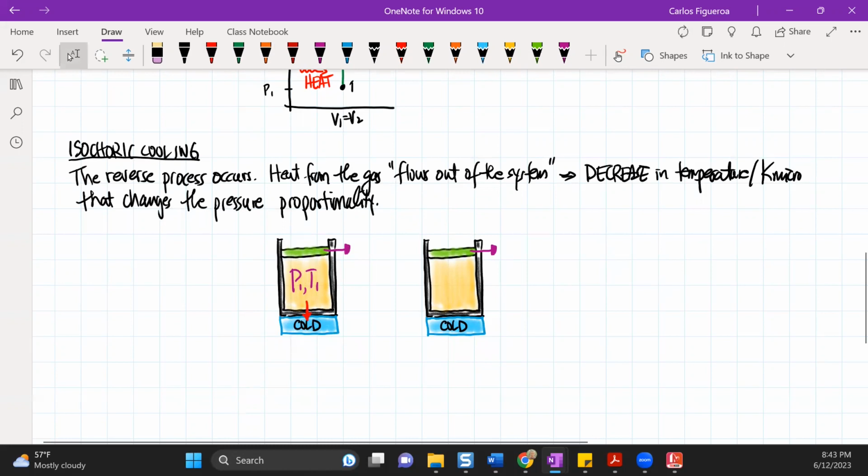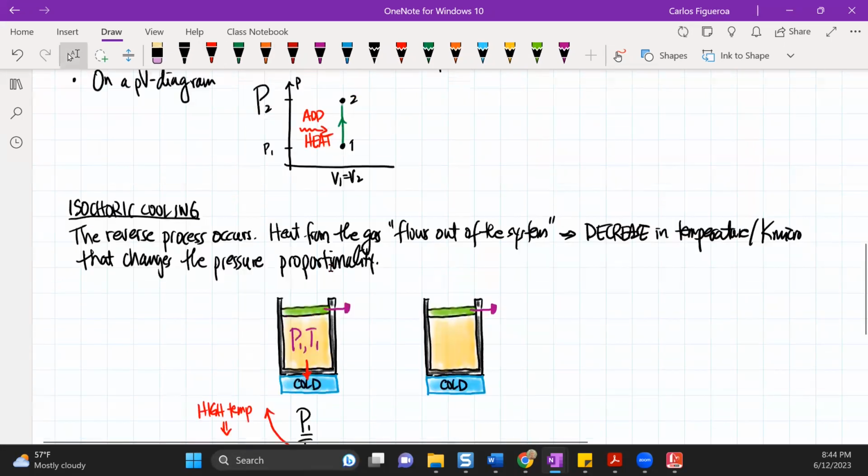So what does that mean here? So now I have a high pressure and a high temperature. In this situation, I have a high temperature, which means I have higher kinetic energy, or how did I write it earlier?